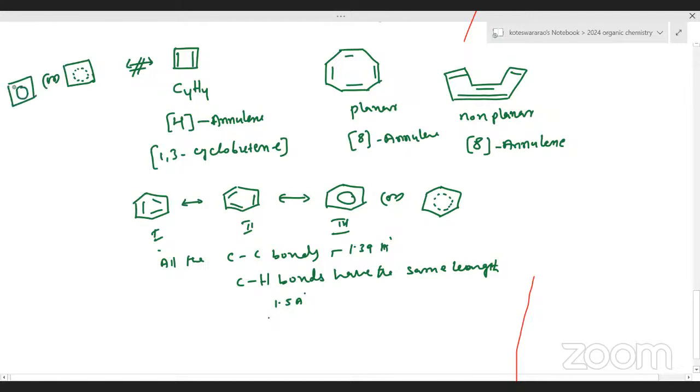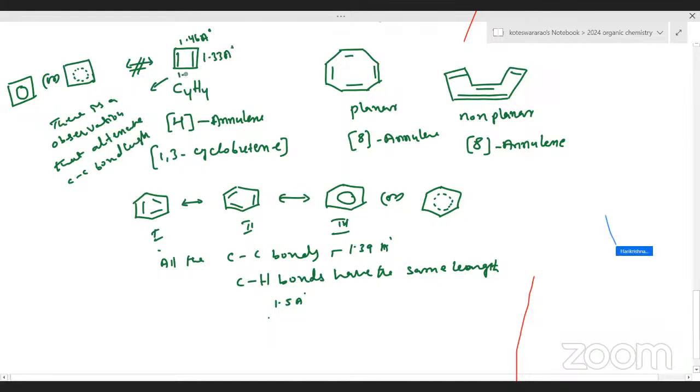Screen is visible to you, right? We cannot show it like this because in such a case there is an observation of alternate CC bond lengths. This alternate CC bond length clearly indicates that. This CC bond has 1.46 angstroms, this CC bond has 1.33 angstroms, and again 1.46 angstroms, 1.33 angstroms.